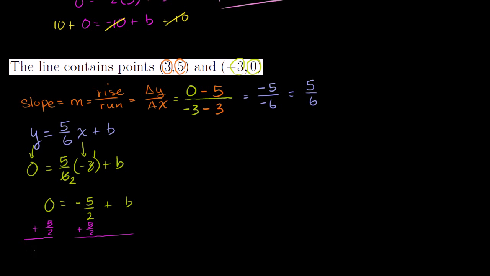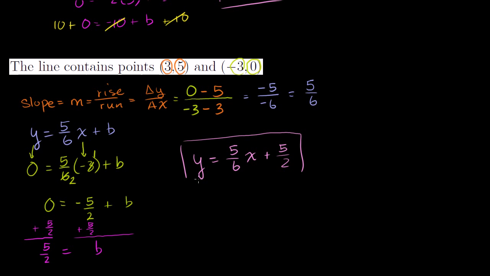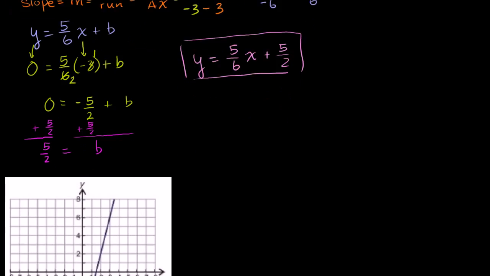And so the equation becomes 5 halves is equal to b. b is 5 halves. So the equation of our line is y is equal to 5/6 x plus b, which we just figured out is 5 halves. And we are done.